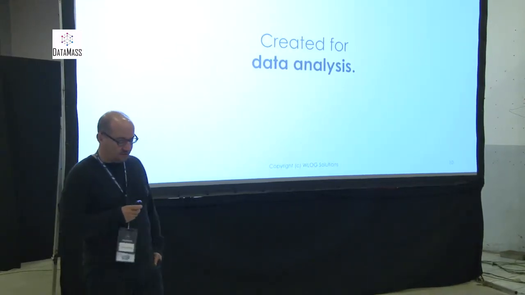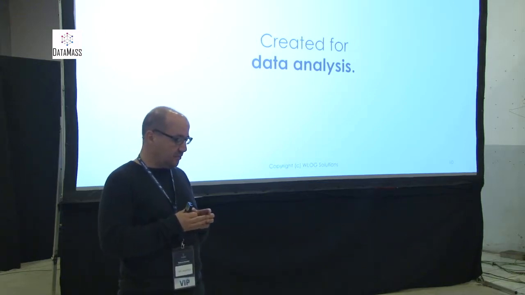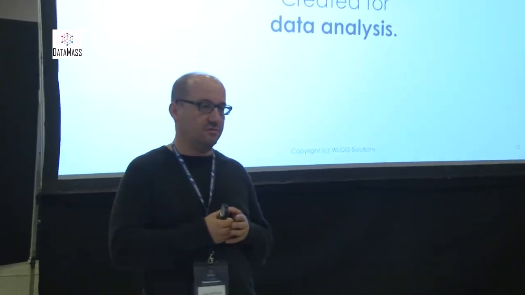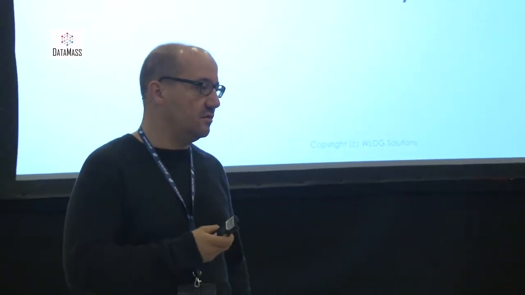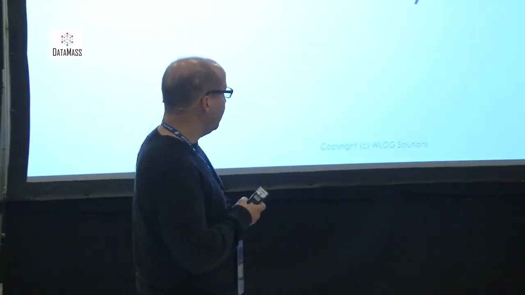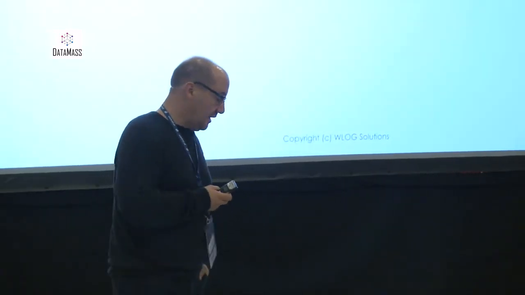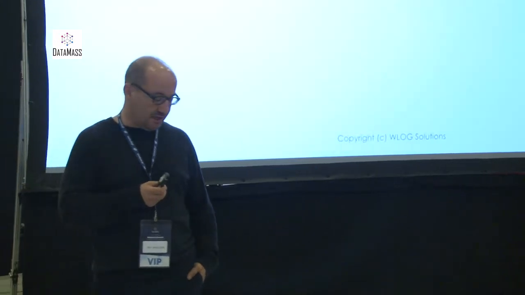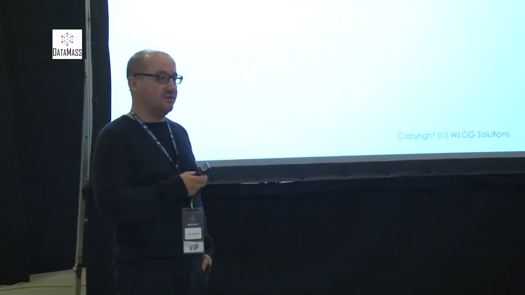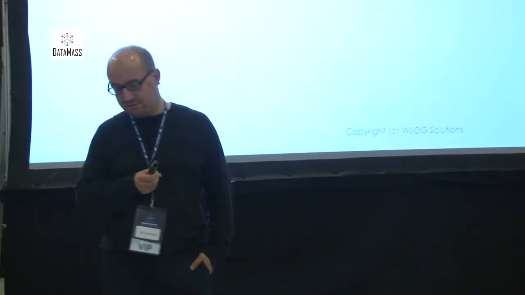What is nice and why we use R is that it's very easy in R to do data analysis. In all projects we deliver, we have to ingest data, transform data, export data, and run models on the data. And in this language, it's done easier than in other languages we tried. It's not perfect, of course, but it's better.